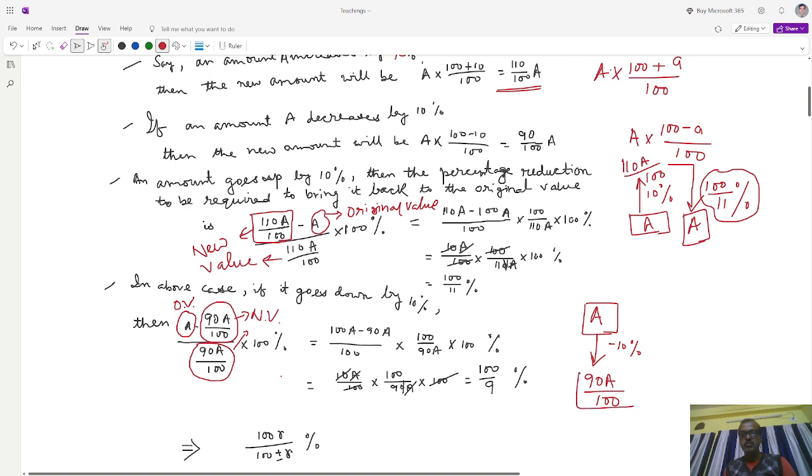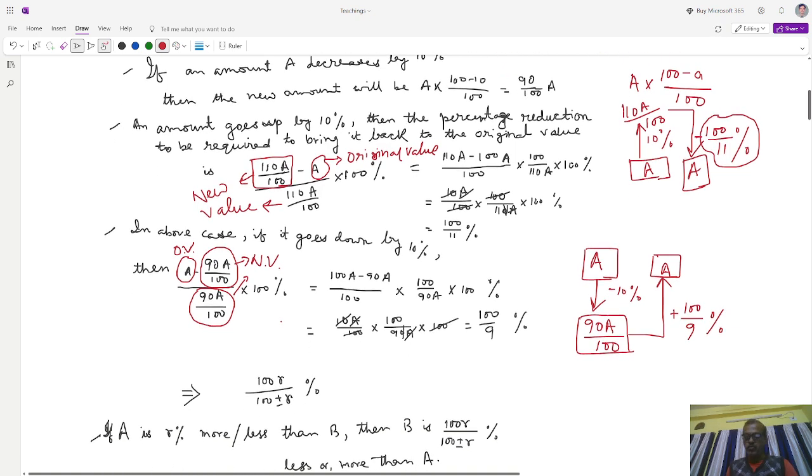If we want to revert it to its original value A, then we need to increase plus 100 by 9%. Okay. Here minus symbol, here plus symbol.